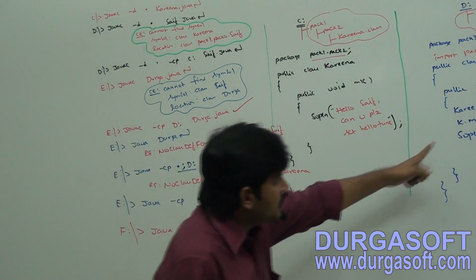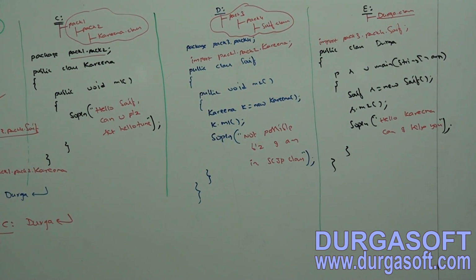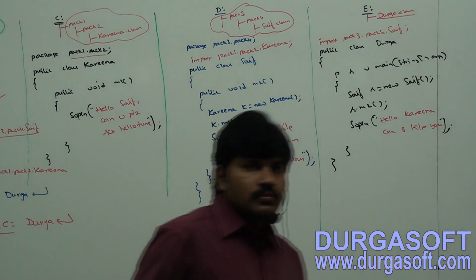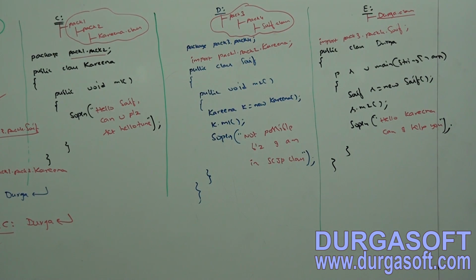Take these three first, and then you can take these things. javac -d . Karina.java.